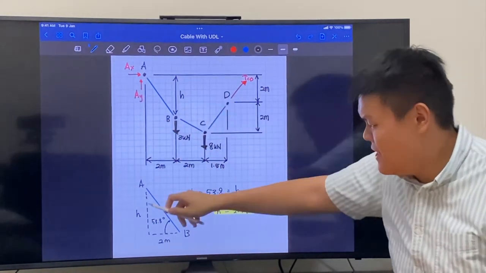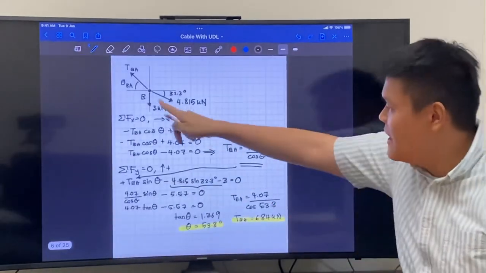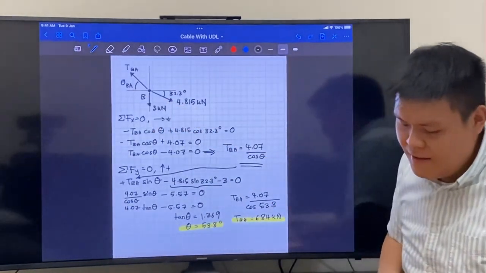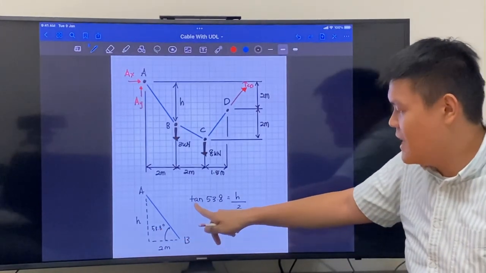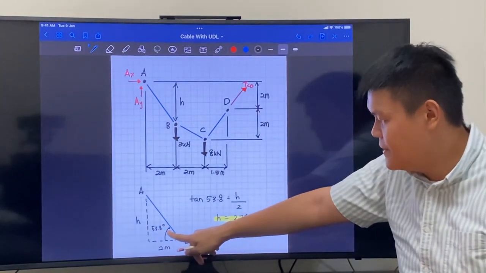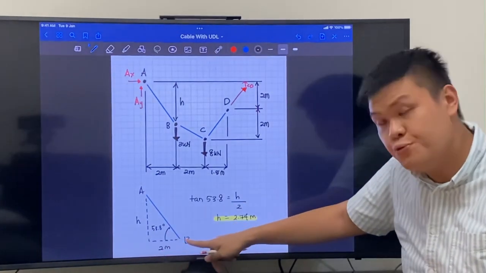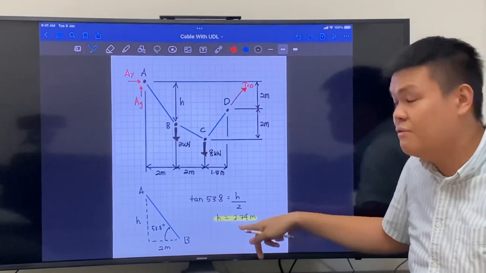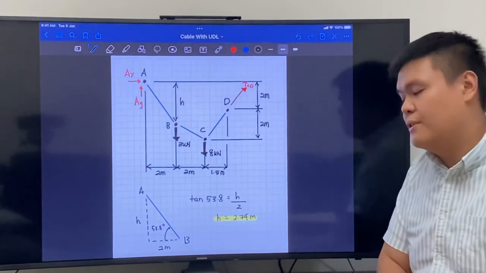This distance is H, but then remember we calculated this value here. The angle is 53.8. So the tangent of this value is rise over run, which is H divided by 2. So solving, we found H is equal to 2.74.